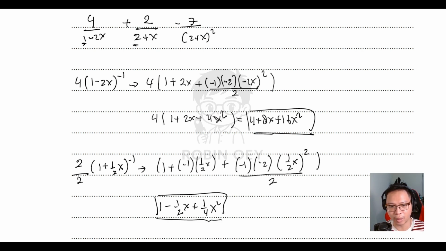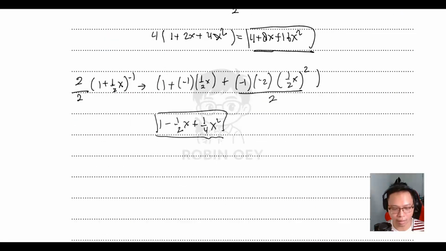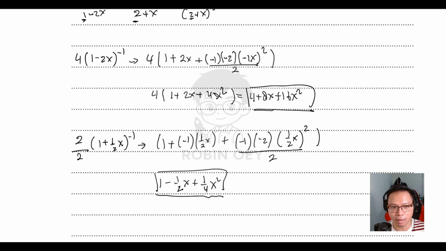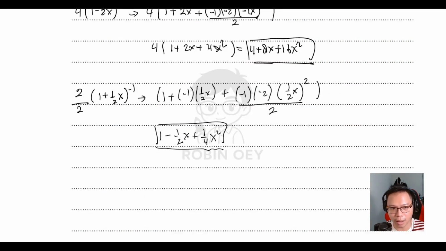So I do one by one. The third, the constant is not 1, so we have to take out, but because it's squared, instead of taking out 2, you take out 4 because 2 squared is 4. So that would be -7 over 4 times (1 plus half x) to the power of -2.